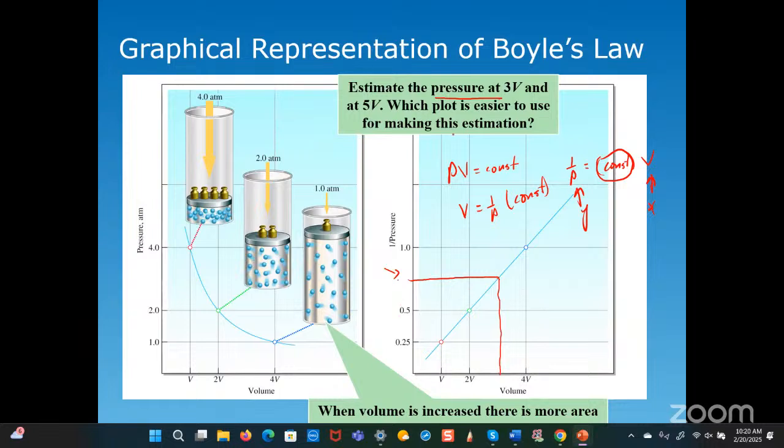And then it's asking also for 5V, where 5V would be about here, I would think. And you do the same thing, draw a line up, and then where it touches the plot, you draw another line horizontal to touch the axis, and then you can read off what this would be, right? And that's it.